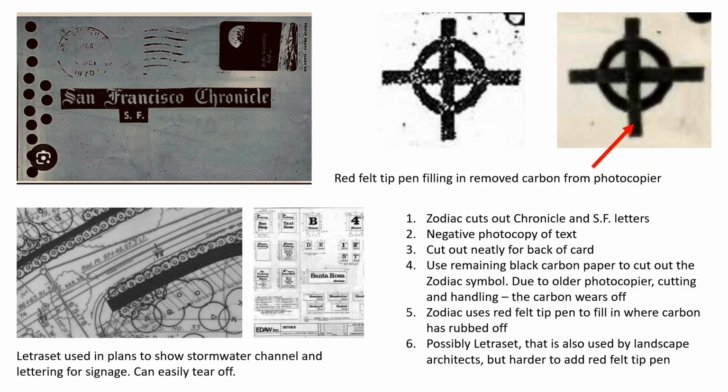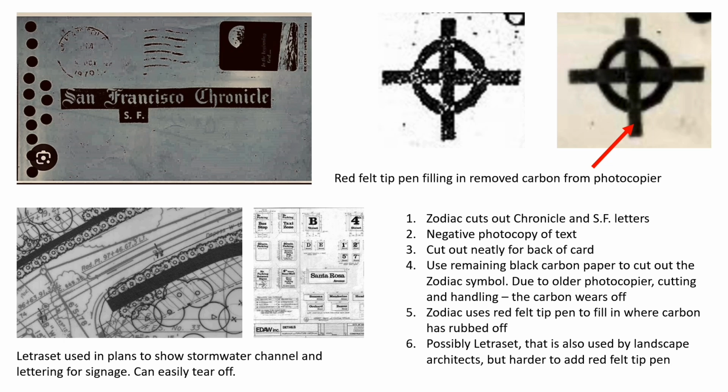On the back of the card, there's the San Francisco Chronicle and SF, which is in negative. Now recently some chatter on Tom Voigt's site was talking about whether the San Francisco Chronicle actually printed in negative like this. I've got a far easier explanation for how he did this.